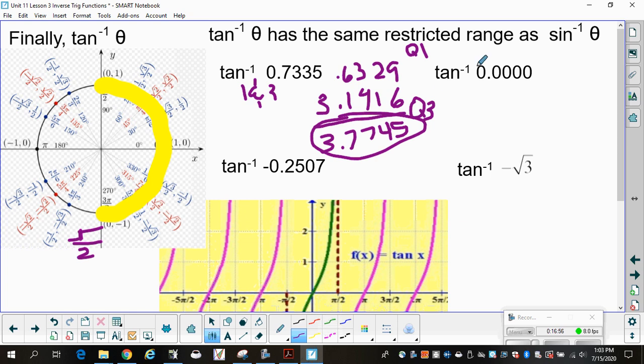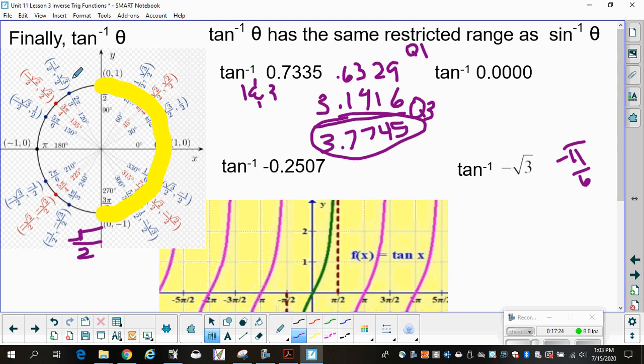Tangent is 0. Well, that's at 0 and at pi. For these, I would plug it into the calculator. And again, you get crazy stuff. If you look at negative root 3, that's going to be down here. That's going to be at 11 pi over 6, or negative pi over 6.